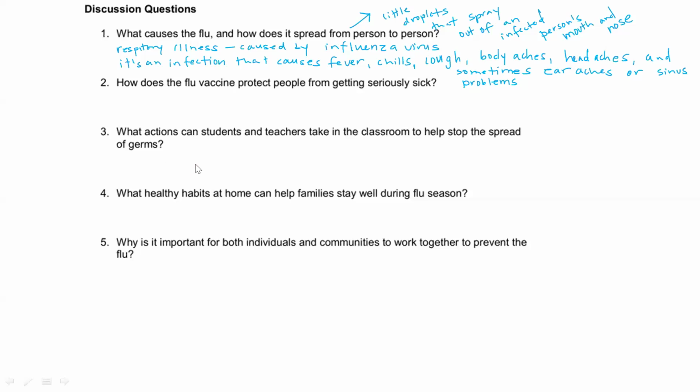Hope you had time to take a look at the question and the information. Okay, number 2, how does the vaccine protect people from getting sick? It doesn't prevent, right? It protects. Body, so the body builds, and these are all phrases, not complete sentences, defense against the virus.